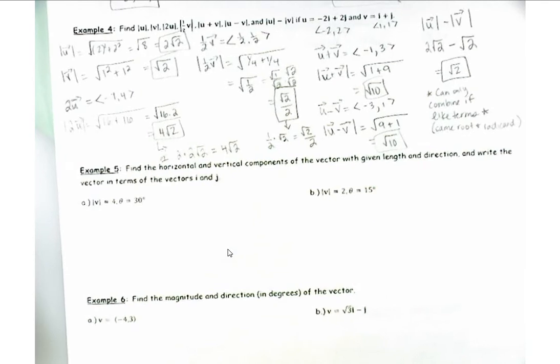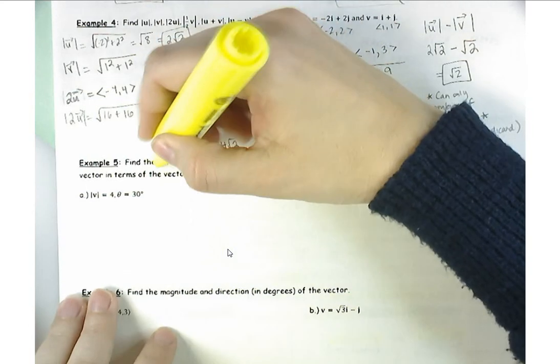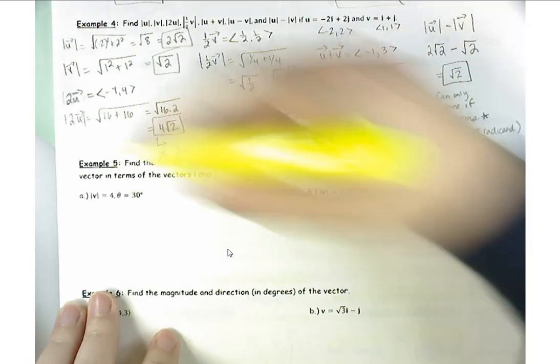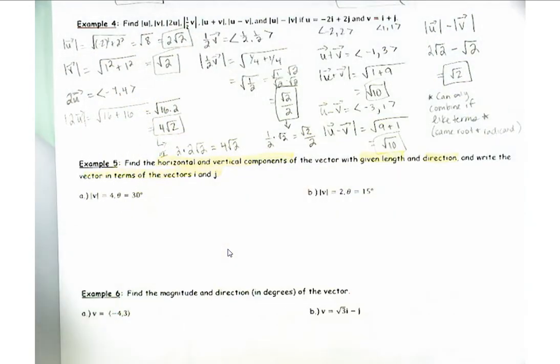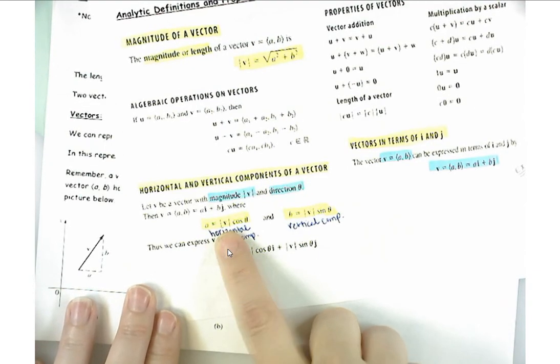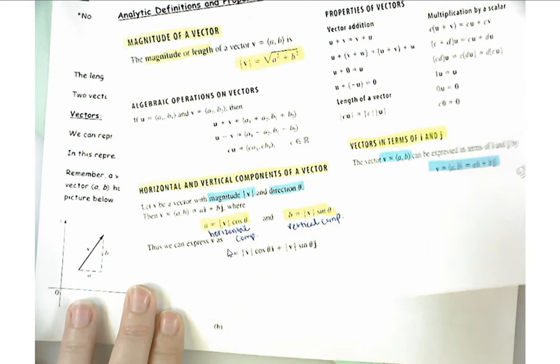Okay, now this next one, we have to find the horizontal and vertical components with the given length and direction. And then we're going to write the vector in terms of the vectors i and j. If we look back at our equations, to find the horizontal component, I have to take the magnitude and multiply by the cosine. And for vertical, I take the magnitude and multiply it by the sine.